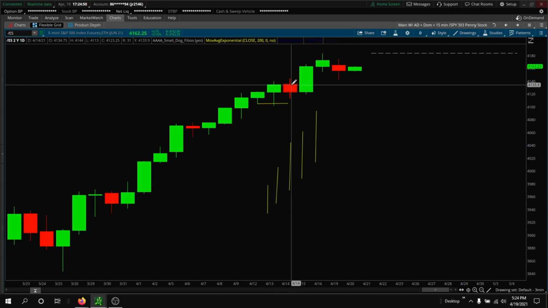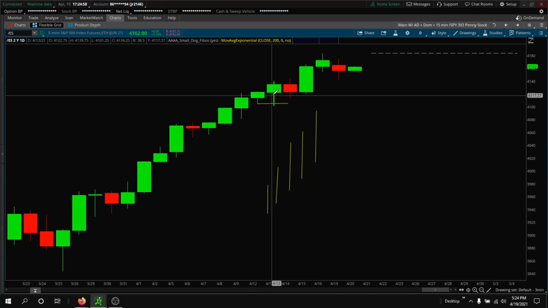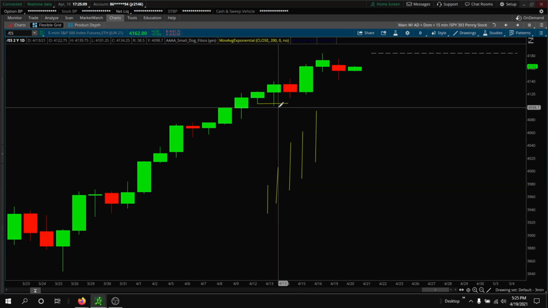The next day, we open right here, but what happens is we now restart the entire waterfall. And this is also called a failed waterfall because it tried to break, but then it failed the very next day. So we now start the count all over again.